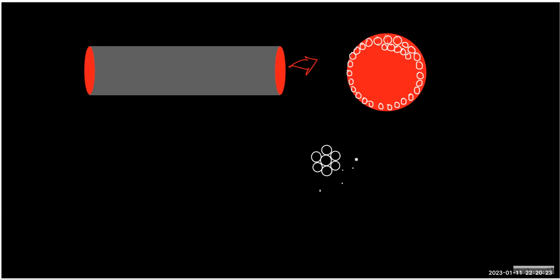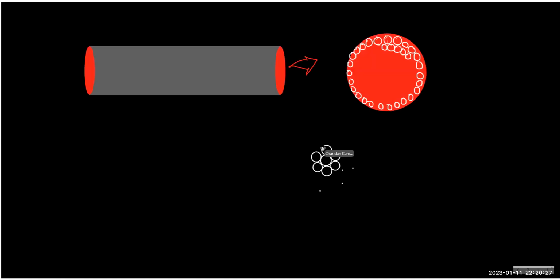Let me make it one bigger. Now assign a current direction to each loop in the same sense. Do you realize something? All the internal currents will cancel out each other, right?